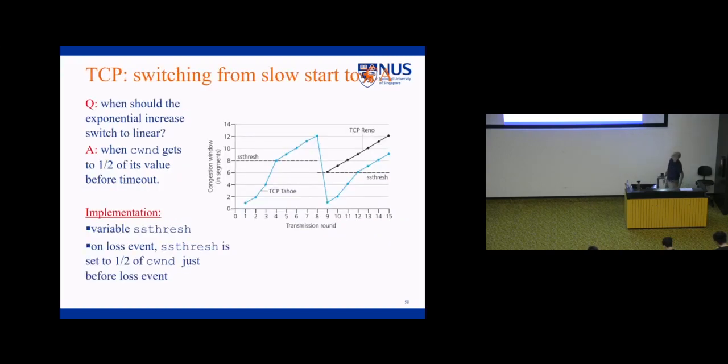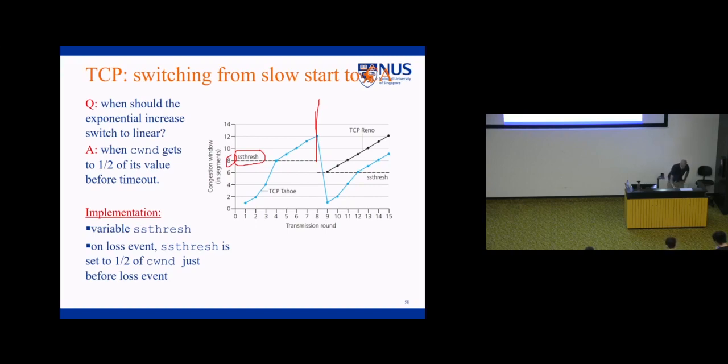All right, so let's consider a scenario, and the blue one is Tahoe, and the black one is Reno. Till this point, both of them work just the same. In this case, let's say the initial value of the slow start threshold is 8.